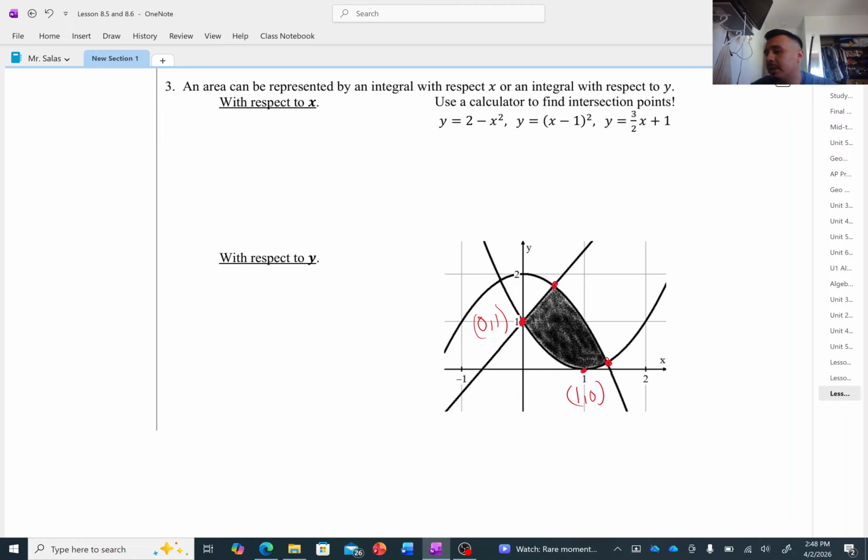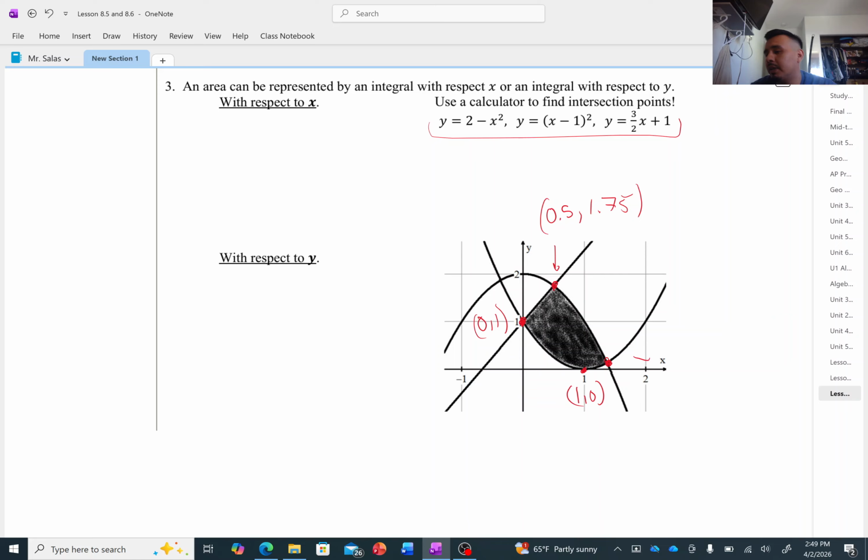The way I get those points, I literally would just have to type all these things into the calculator and then find the intersections. In this case, let's save some time. I know that this first intersection is going to be at 0.5, 1.75.